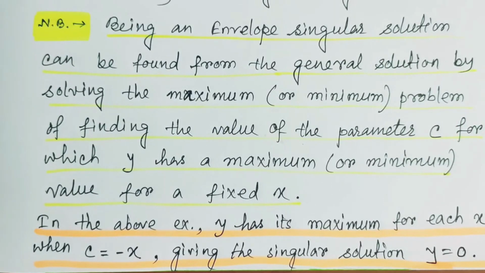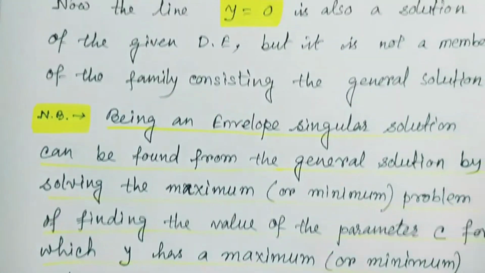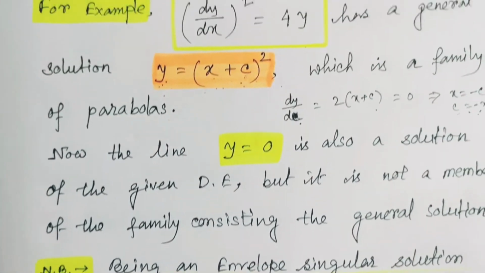Being an envelope, the singular solution can be found from the general solution by solving the maximum or minimum value problem of finding the value of the parameter c for which y has a maximum or minimum value for a fixed x. So we use this method, the maximum minimum value problem.